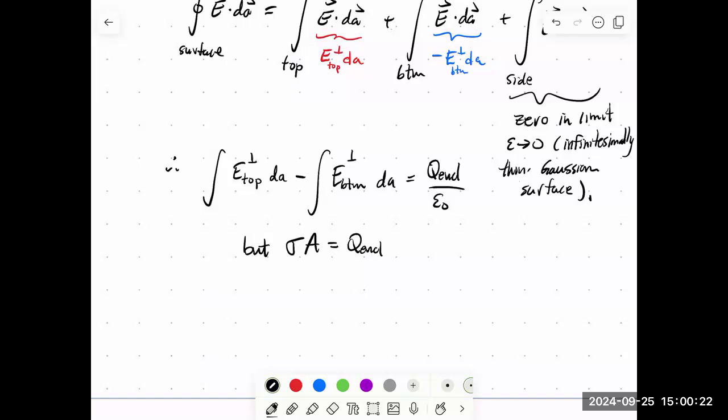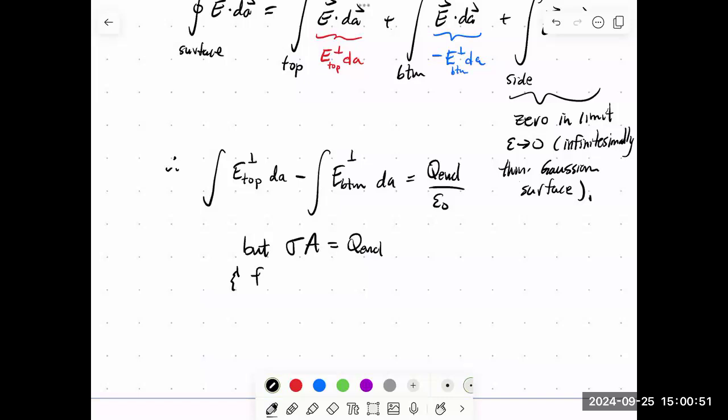Now you might have some wild situation where there's a huge amount of curvature and a really complicated distribution of charge on some surface, and so the electric field is changing like crazy very rapidly. I could always just pick a value of A sufficiently small that for that piece of surface area, the electric field is approximately constant.